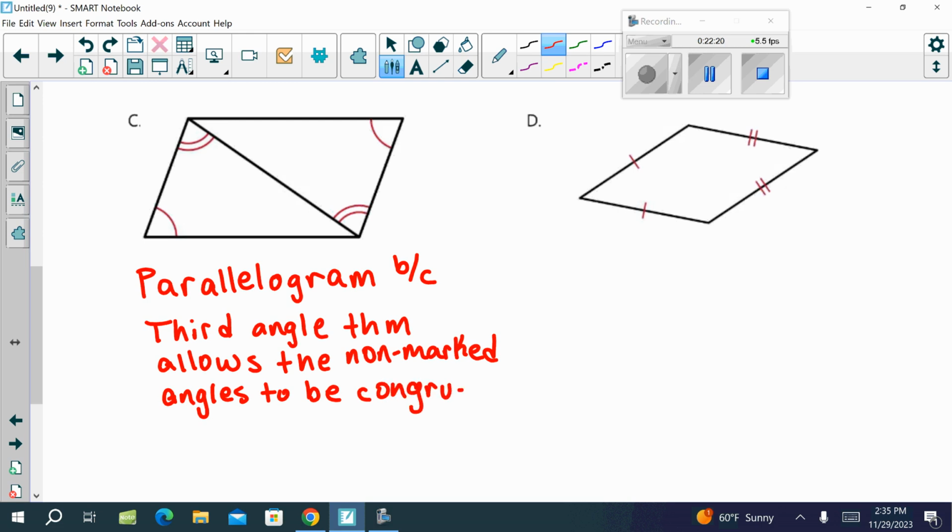Okay, so we learned this. We know that if two angles are congruent in a triangle to another two consecutive angles in another triangle, then by the third angle theorem, that third angle is also congruent. So if we know that, then we know opposite angles are congruent in here.